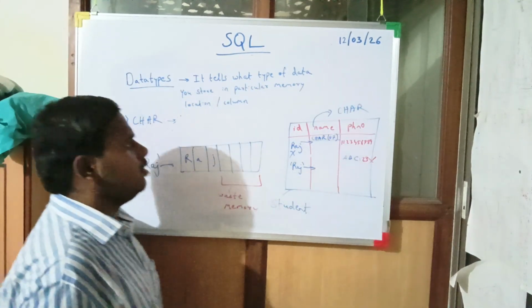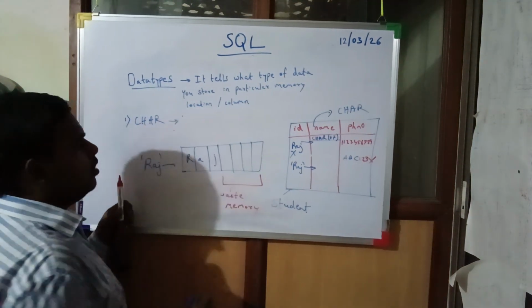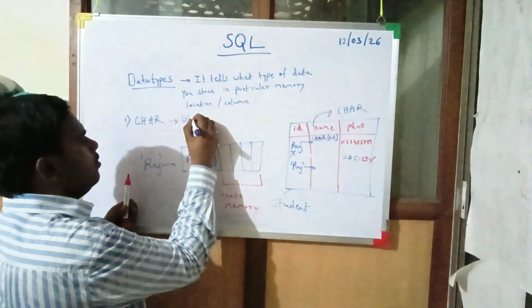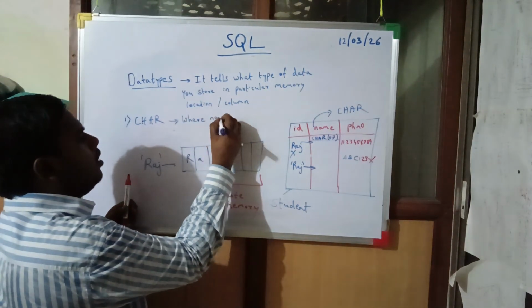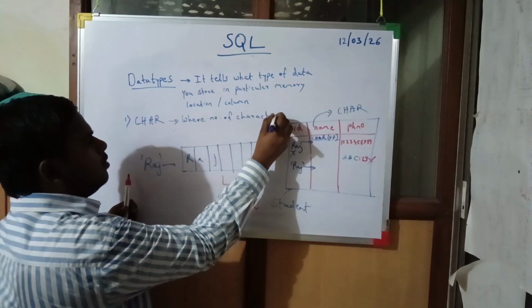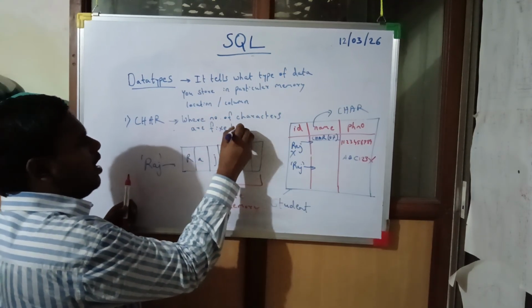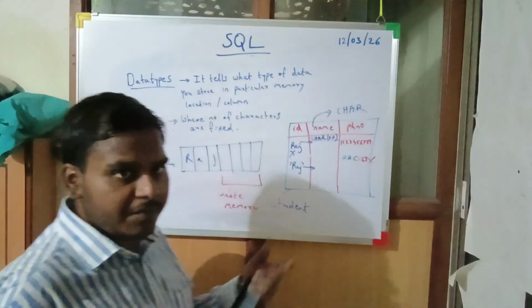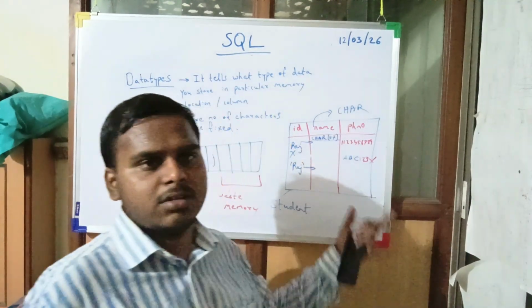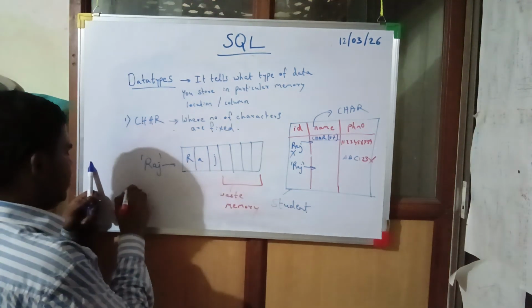But the char data type can still be used where the number of characters is fixed. Suppose the number of characters is fixed, in that situation the char data type can be very useful. Let's take an example.